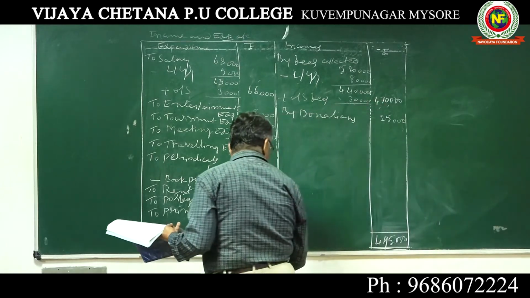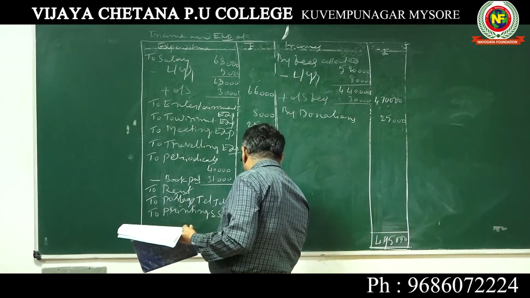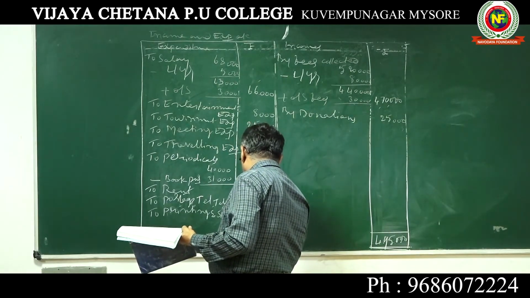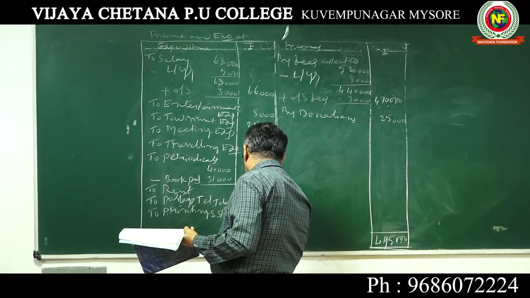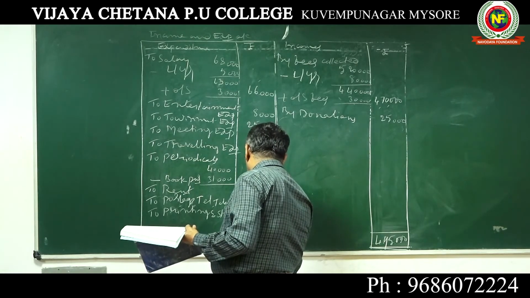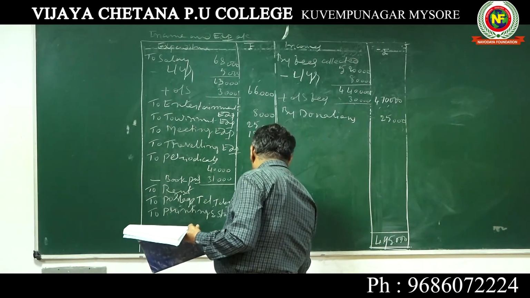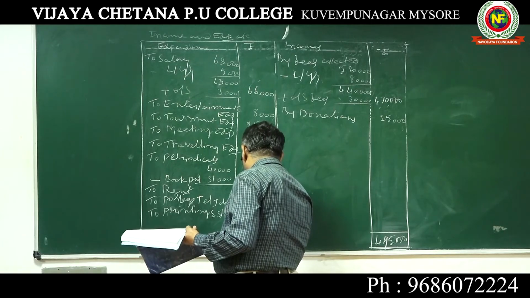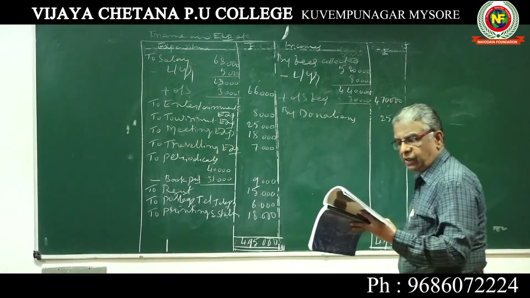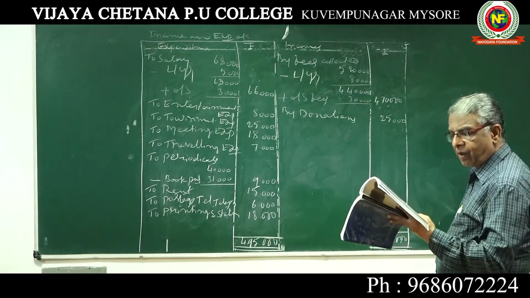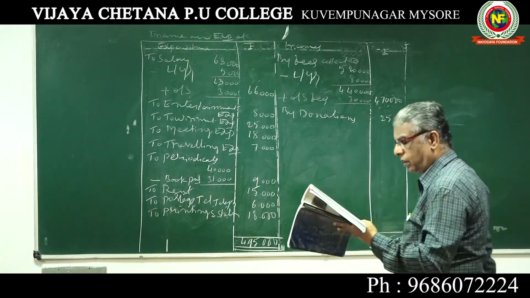You put that amount on the other side also, 4,95,000, and you find out the difference.